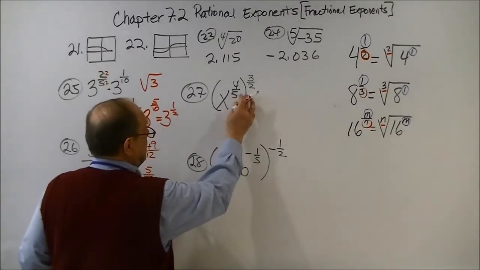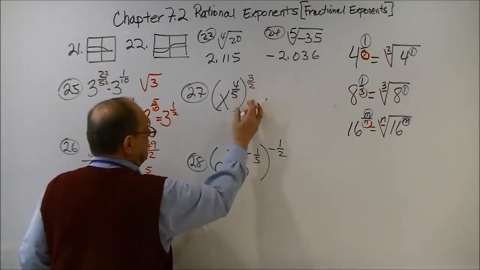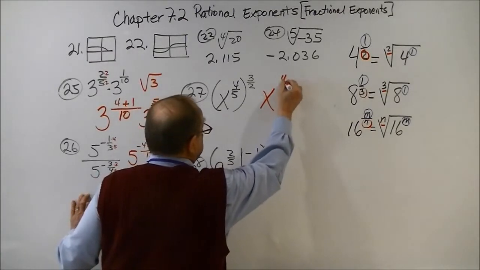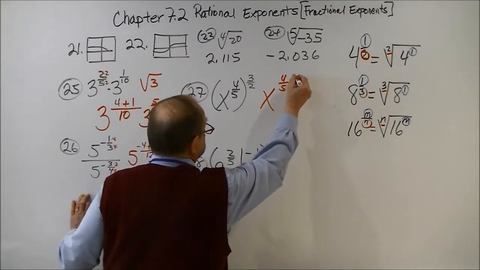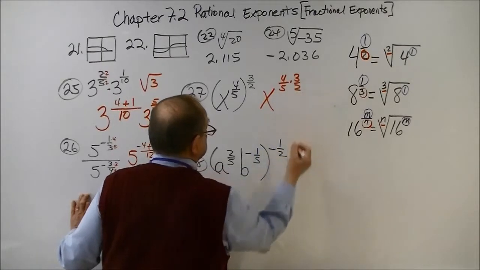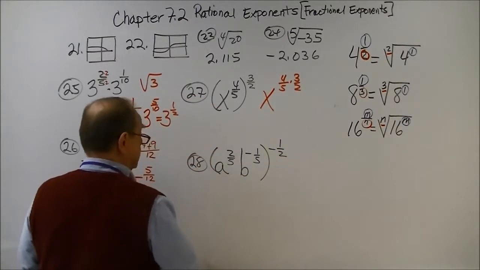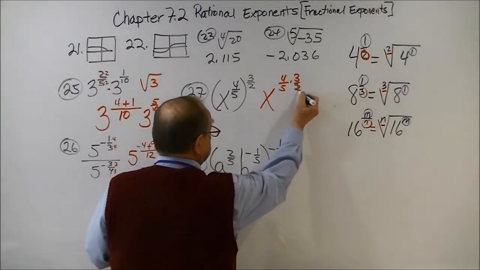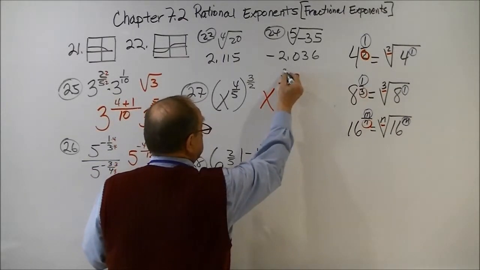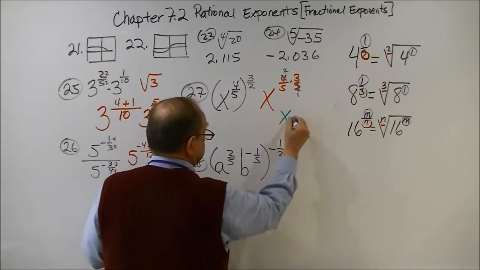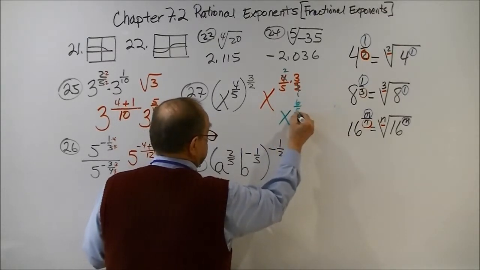Okay. So can you cross cancel anywhere? Because basically it's this. X to the 4/5 times 3/2. And the answer is yes. You can cross cancel a little bit. Here the 2 will go into there once. 2 will go into there twice. So you end up with x to the 6/5.